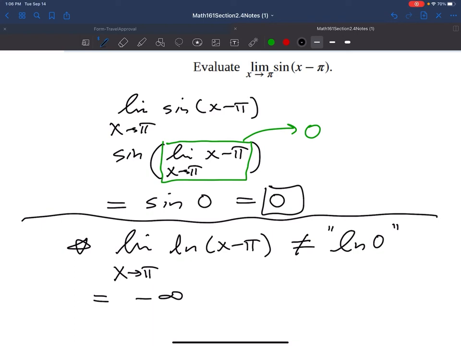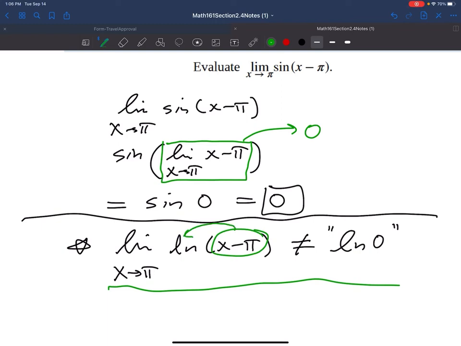For now, just recognize that the theorem we just looked at doesn't apply to this situation because the limit of the inside is a spot of discontinuity for the outer function. So you won't get any problems like that in the homework.